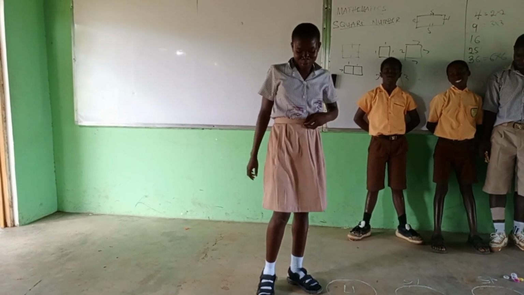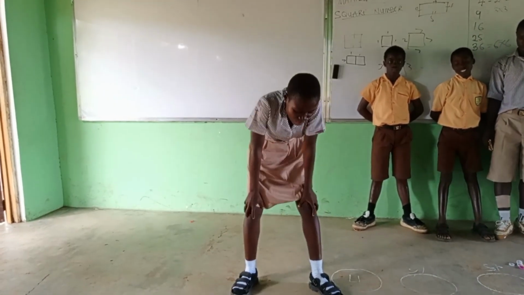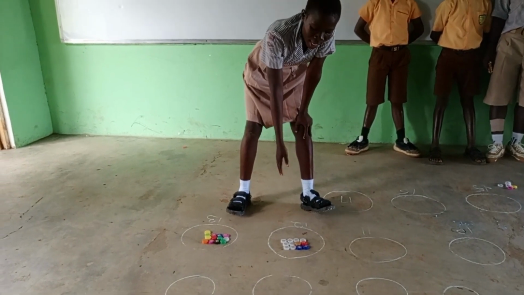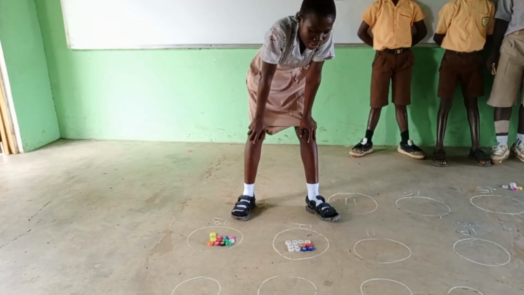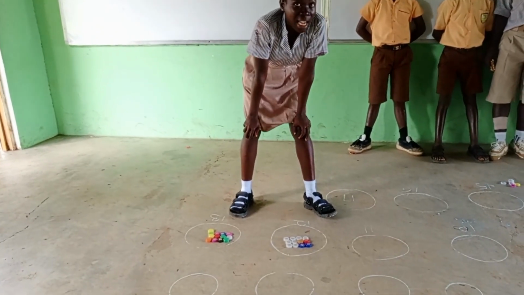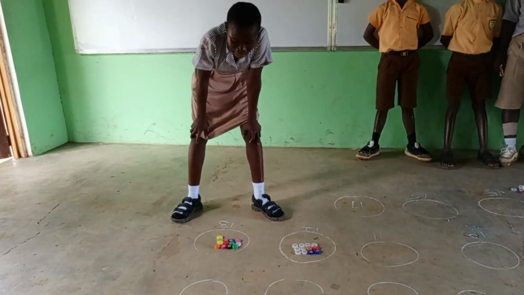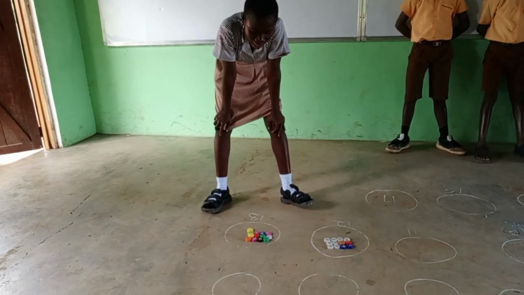Here is 12. 12 has a length and a breadth. The length is 4 and the breadth is 3. So 12 is not a square number. Here is 13. The 13 also has a length and a breadth.